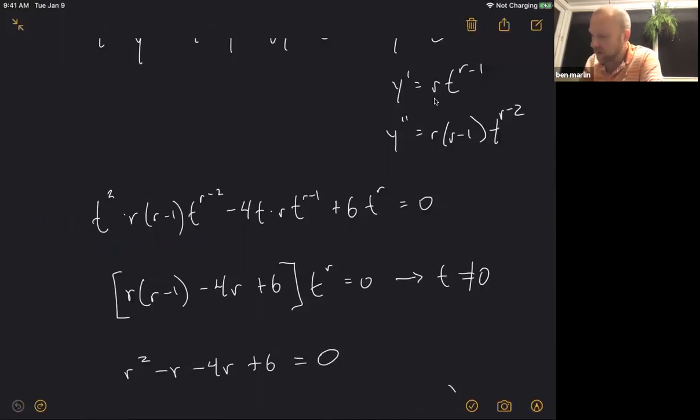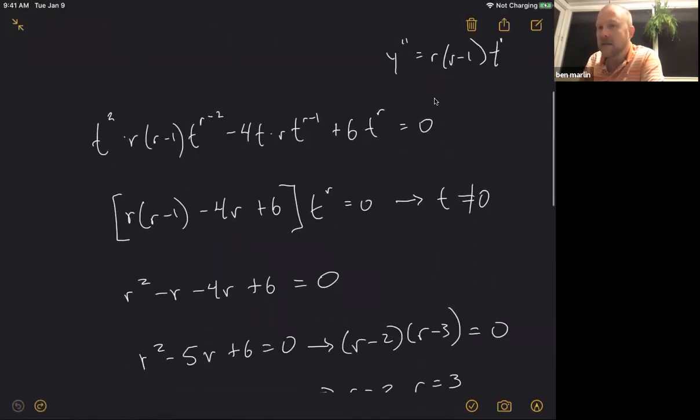That means you get a factor of t to the r, you can take out the whole thing, and you've got a polynomial. It is less easy to write down than the previous polynomial. But we need for this to not be equal to 0 so that we could, with what we're working with, cancel out the t, all right?